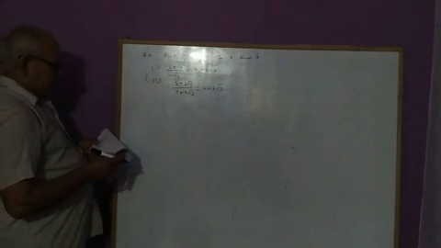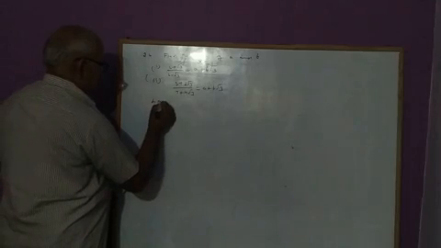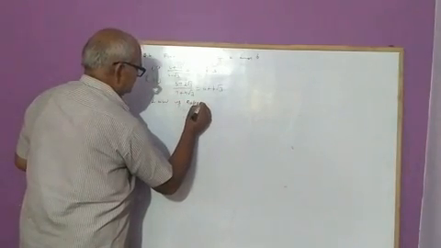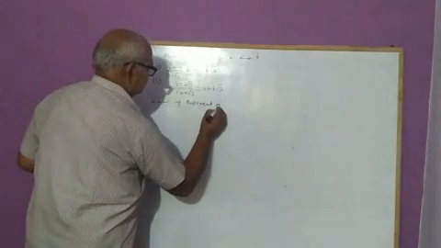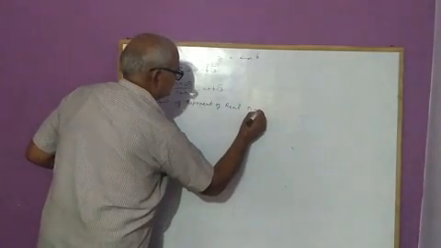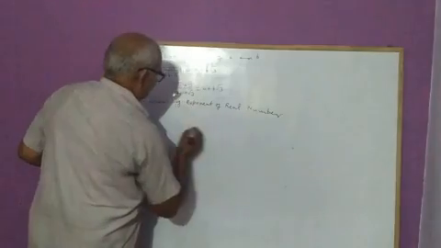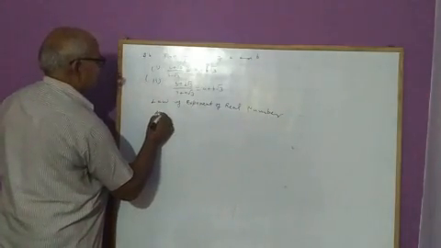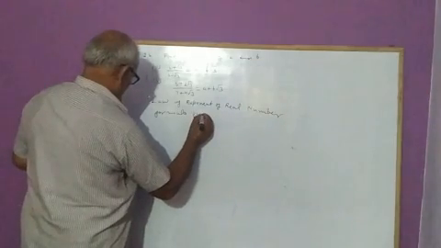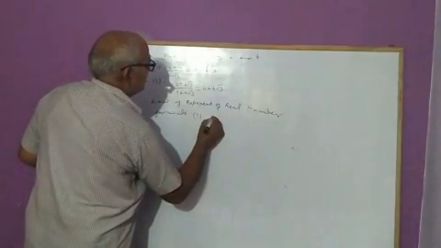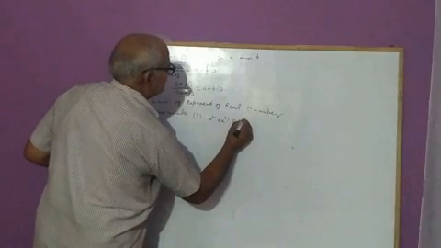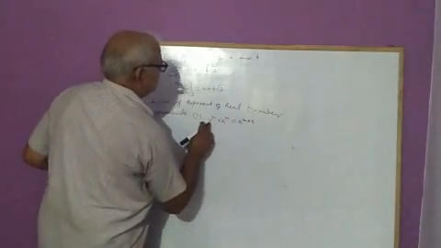Law of exponents of real numbers. Formula, first: x to the power m into x to the power n is equal to x to the power m plus n, if the base is the same.